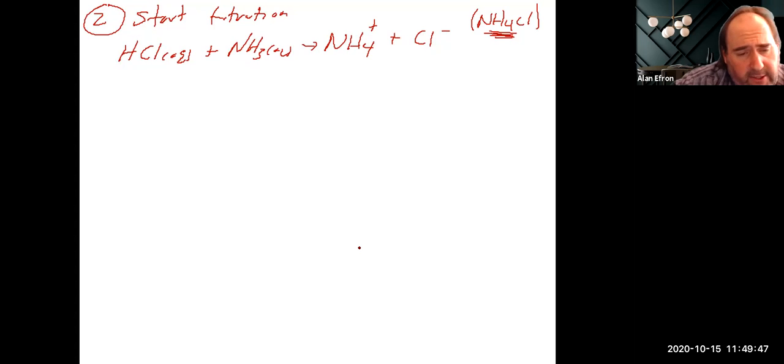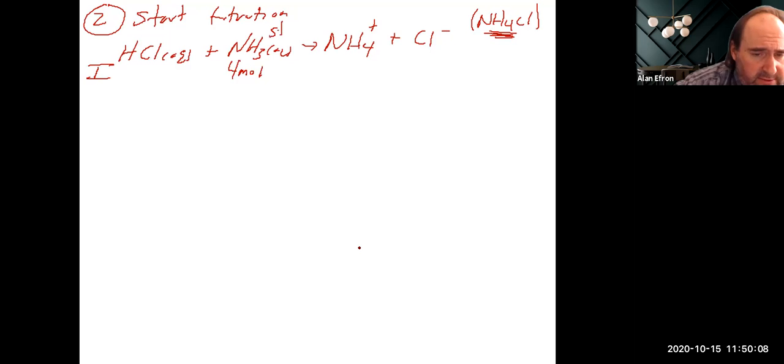Because we're adding volume, we're going to do our ice table here in moles. I'm going to use my same starting number again; I just made it up. In this case, we're actually starting with the base in the beaker, so we're going to start with 4 moles of our base.